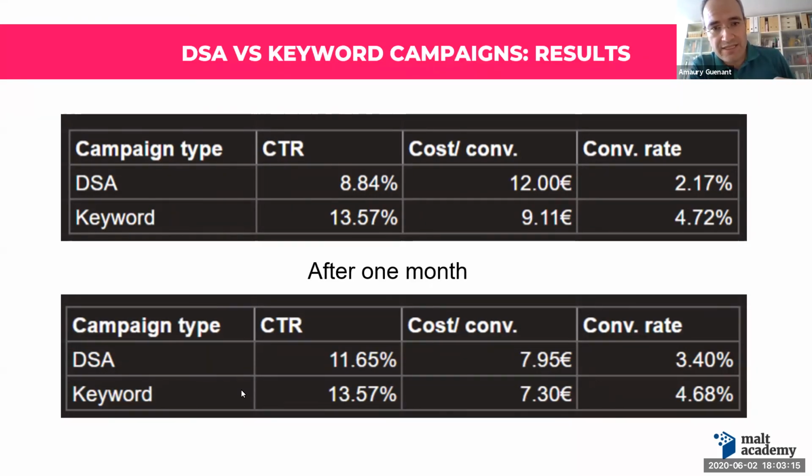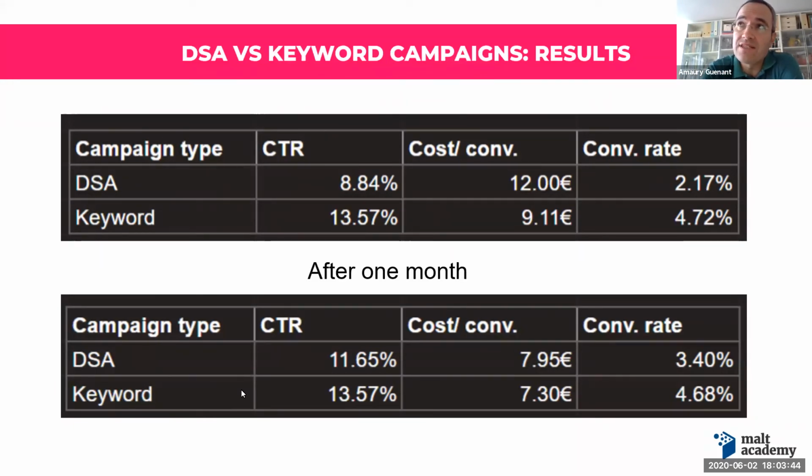How do you split test keyword versus DSA and run them at the same time? Yes, good question as well. For me, I use DSA as a backup because I believe that when you use keywords, especially if you have thousands of pages on your site, it's very hard to cover all areas and to make sure that you haven't forgotten any keywords. I mean, we're human.